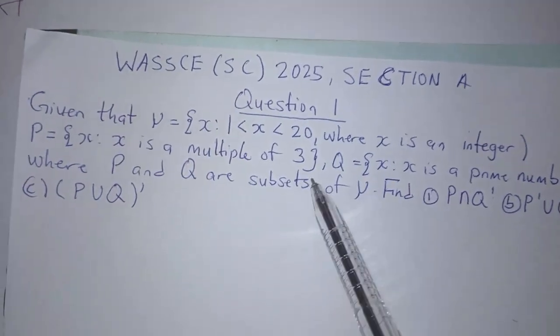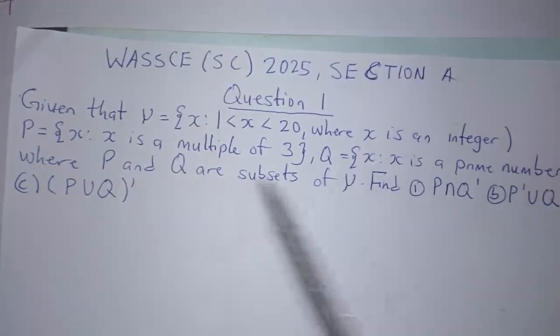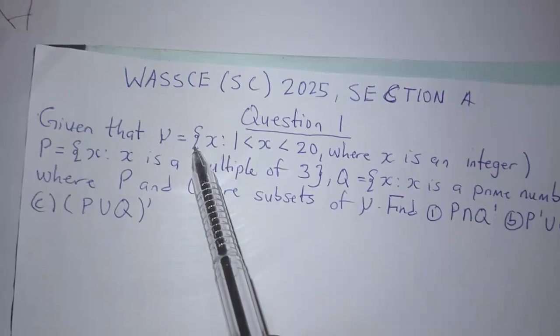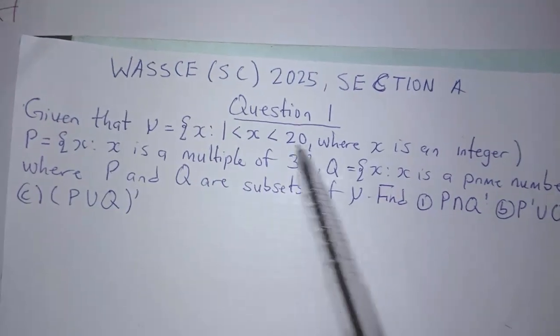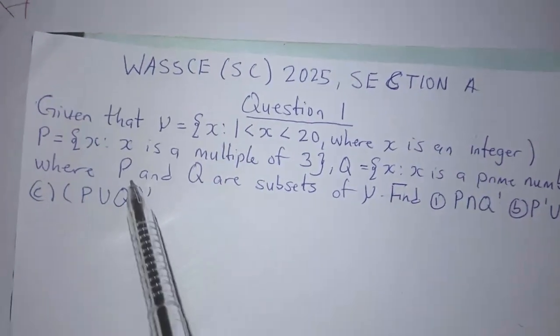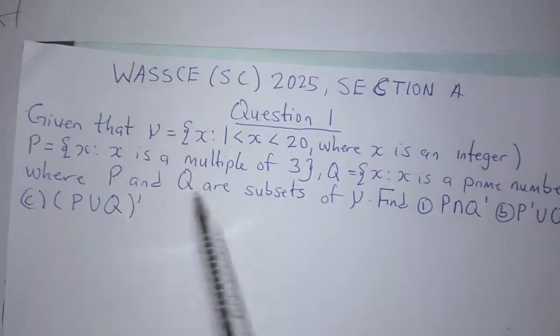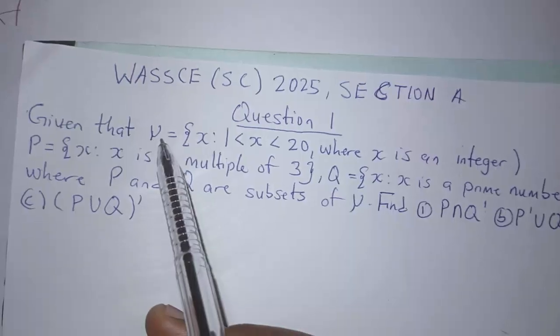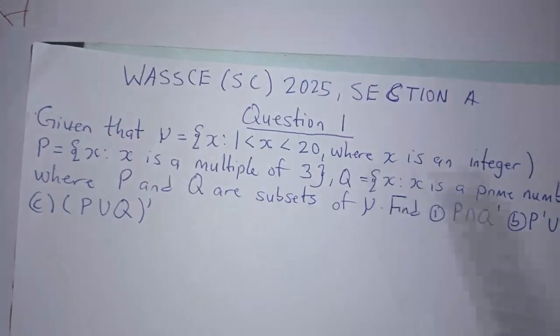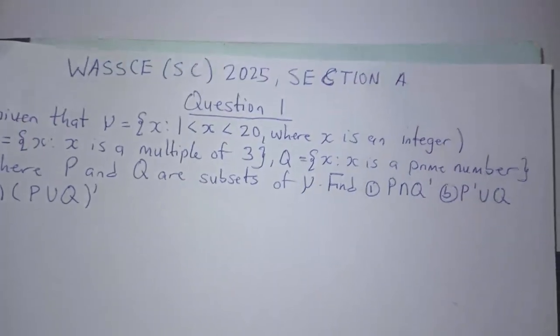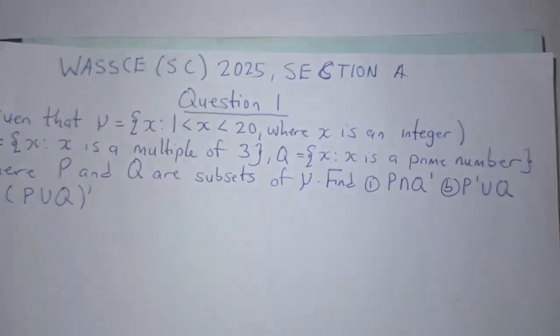So every element that is going to be seen in P, and the ones that are going to be seen in Q, they are obtained from this universal set. That is why we call this a universal set. That is why you see here they said P and Q are subsets. Subsets means P and Q are obtained from this universal set. So that is basically what this statement subsets means.